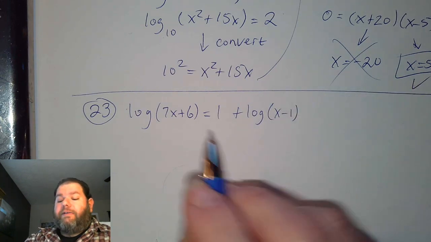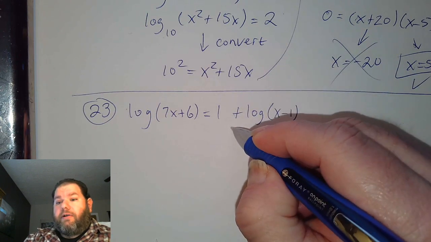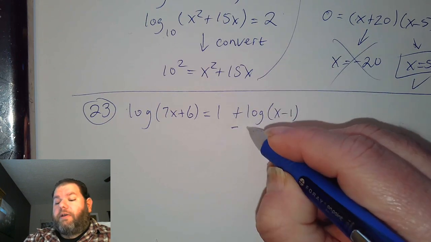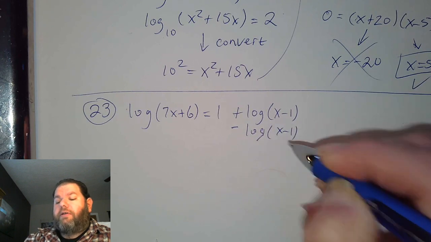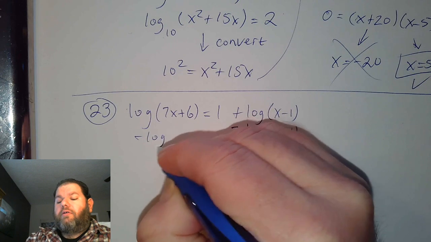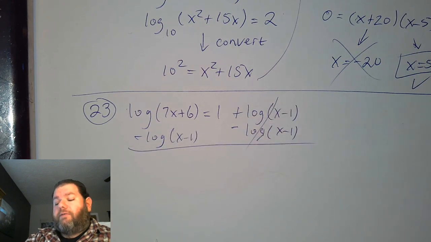Now in this case, the logs are on opposite sides. One thing we did not talk about is that just like any other term, we can move logs from one side to the other. Let's take our log of x minus 1 and subtract that over to the left. Those cancel.